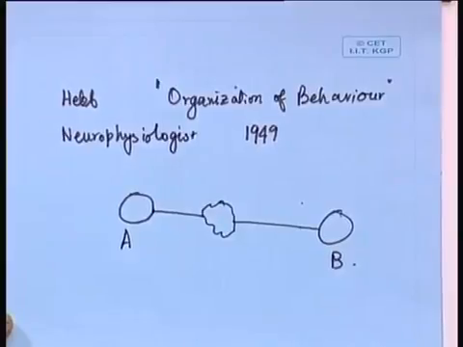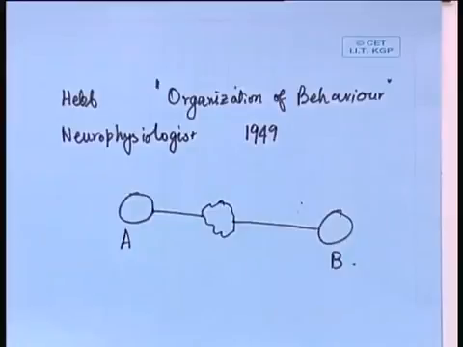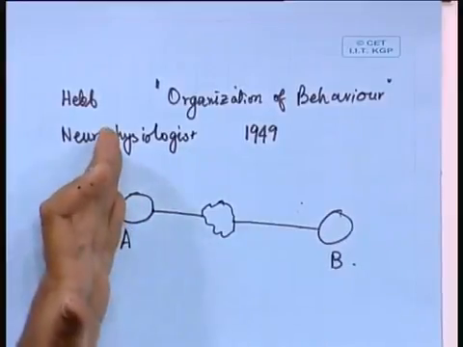So, what Hebb says is that if cell A happens to fire cell B, meaning cell A's activation at a given time can activate cell B, in that case the metabolic changes that happen should be such that A's efficiency in firing B increases.